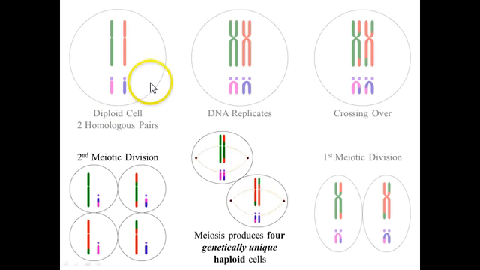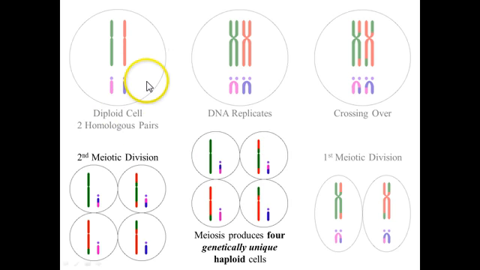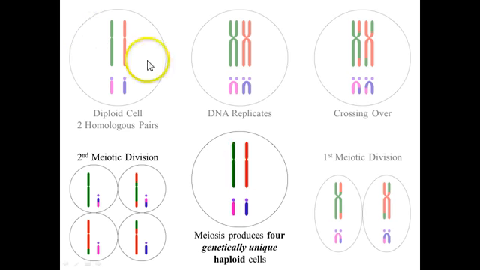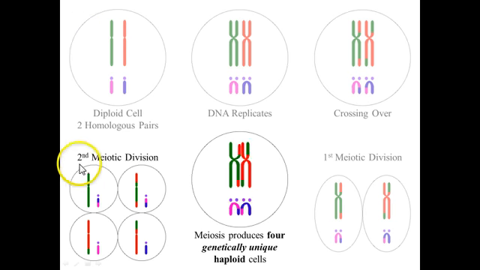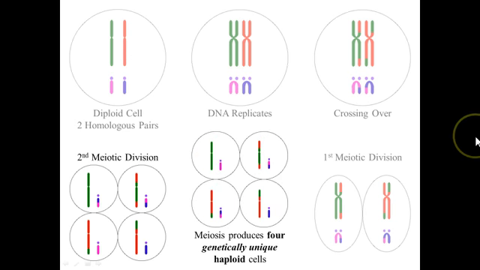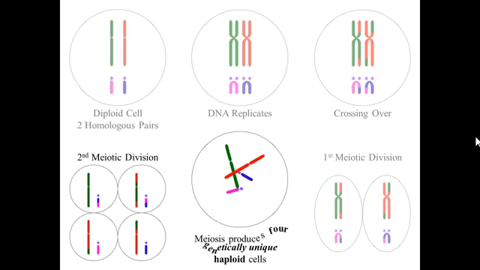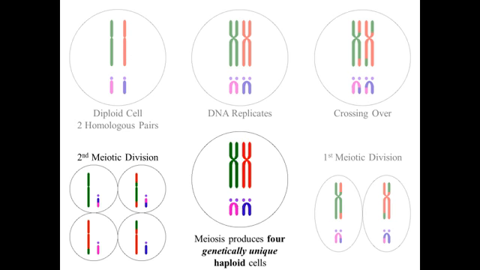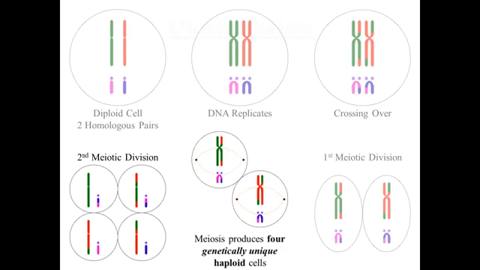This is a diploid cell because it has 2 sets, a homologous pair of each chromosome. These are now haploid. They only have 1 set of chromosomes. So the important thing here is meiosis produces 4 genetically unique haploid cells.